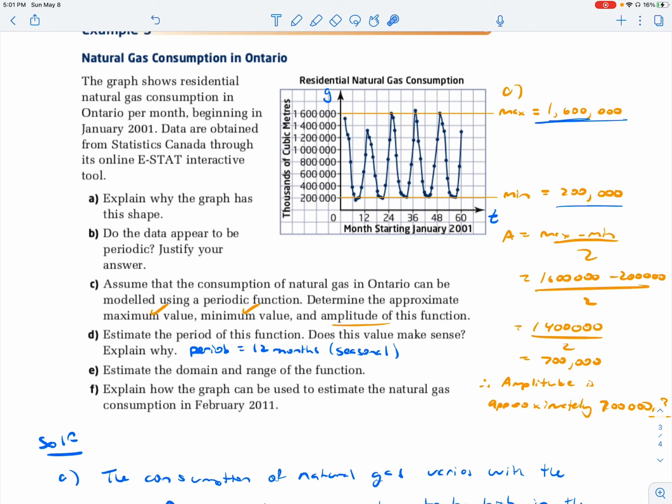If I had to make a prediction, I'd probably say 1.6. If you wanted to be really precise, these are kind of high. What you could do is take the average of all of those, and that would be a little more accurate.